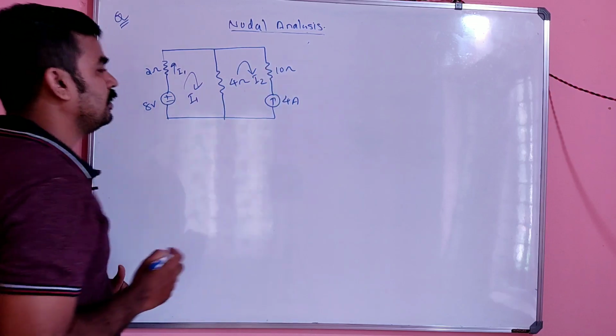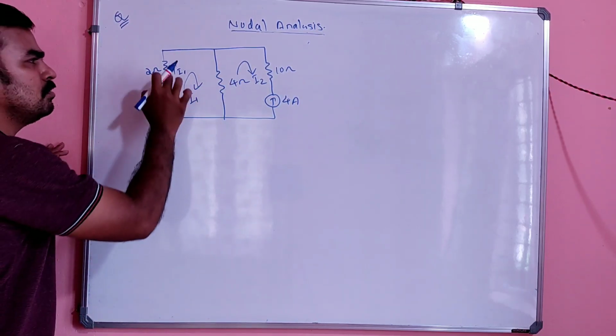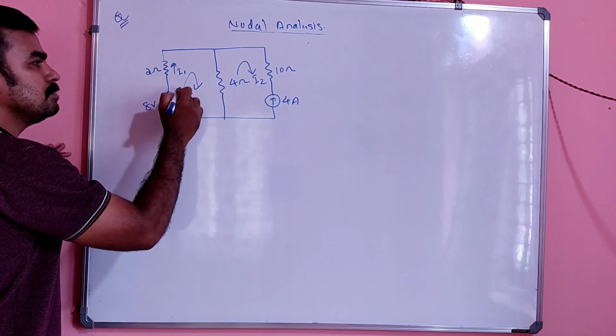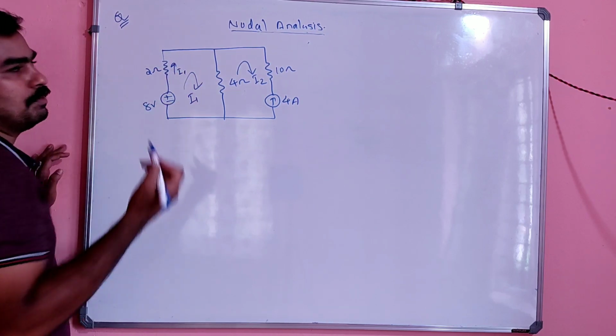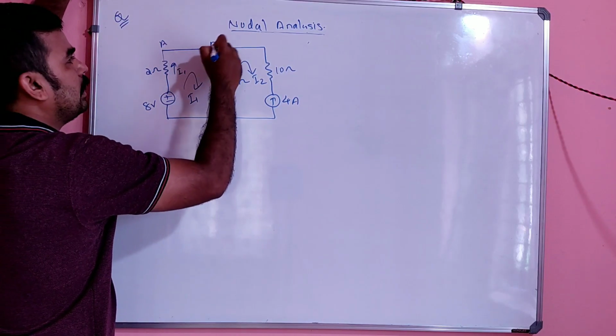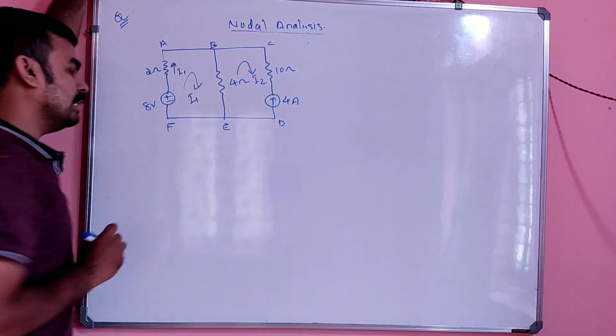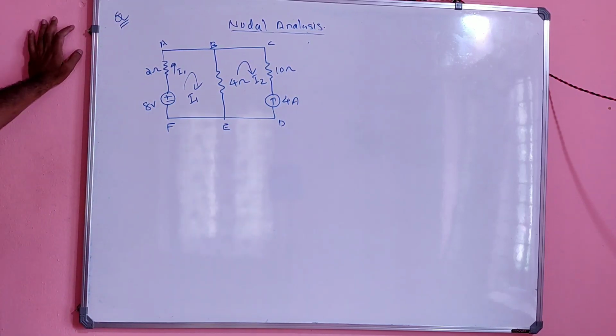You have to assign some arbitrary direction of current like this. Let them be I1 and I2. This current is moving like this and this current is moving like this, so I1 and I1 are the same, no issue. And let there be some points A, B, C, D, E and F. I assigned some points here.